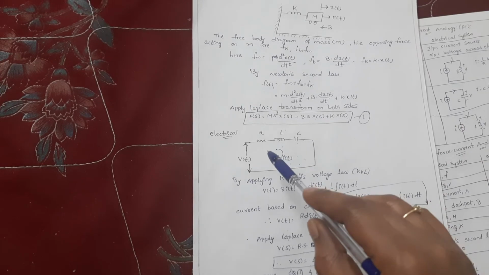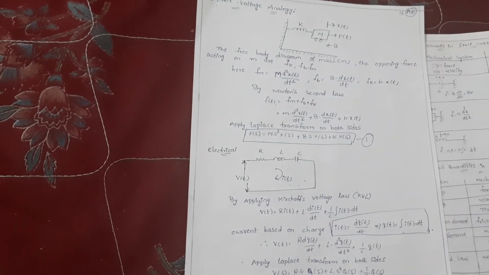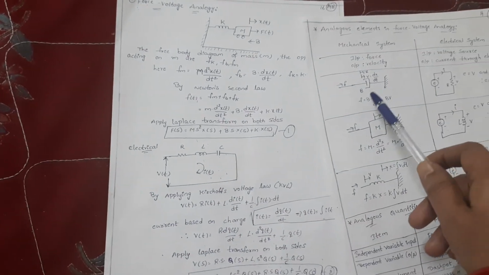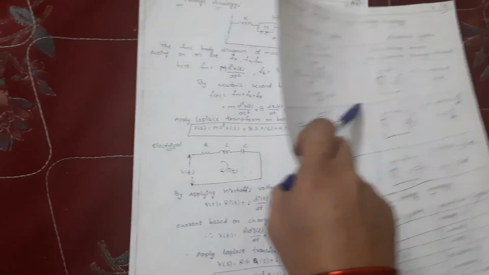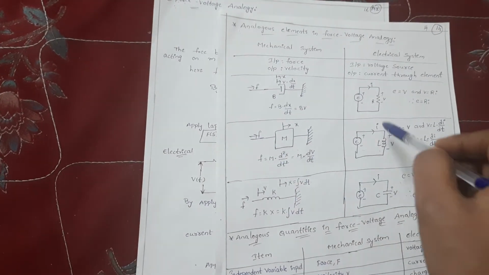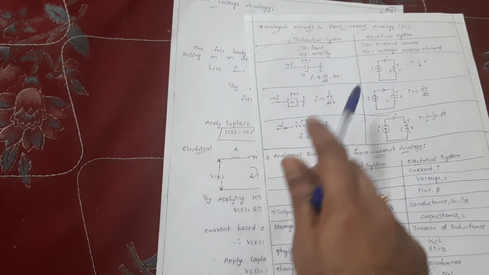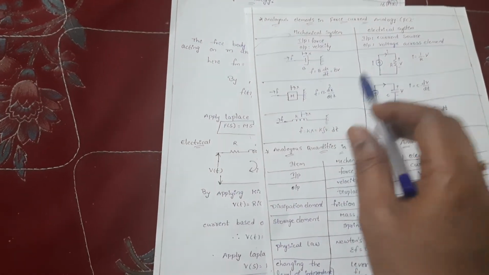So we drew this from this table. How we substituted in K, M, B means we gathered the information from this tabular column. So everyone should remember this tabular column for force voltage and this tabular column for force current analogy.